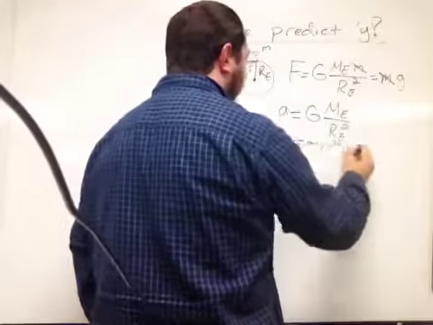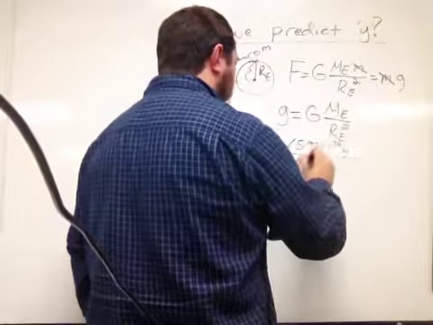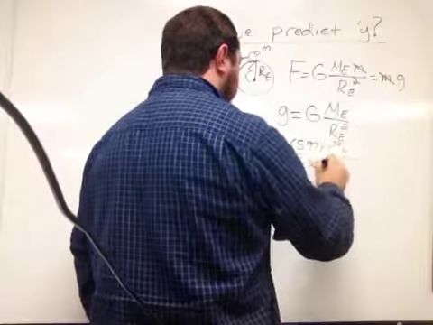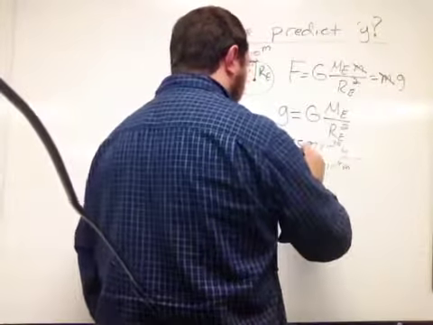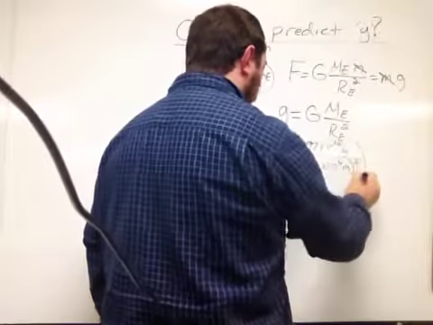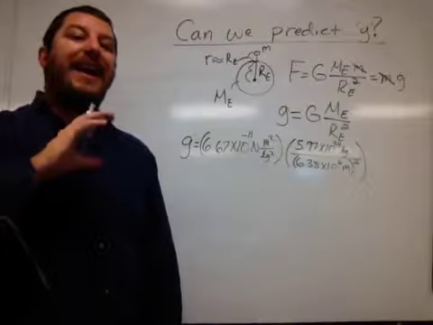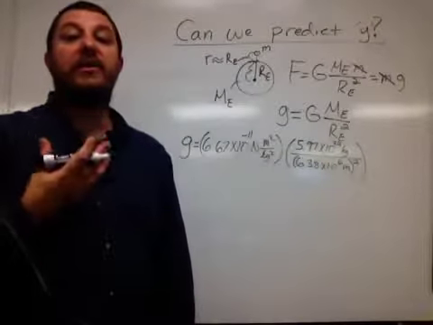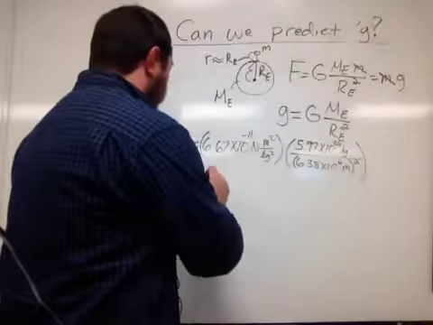And we'll talk about how we measure that later. And then I divide that by the radius of the Earth, which is 6.38 times 10 to the 6th meters, and that quantity I need to square. And when I multiply all of these through, I get 9.81, which is just what we measure in the lab with a simple accelerometer, which is pretty amazing.